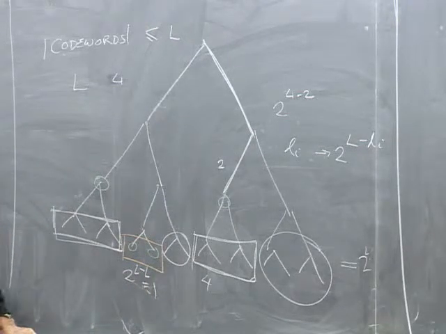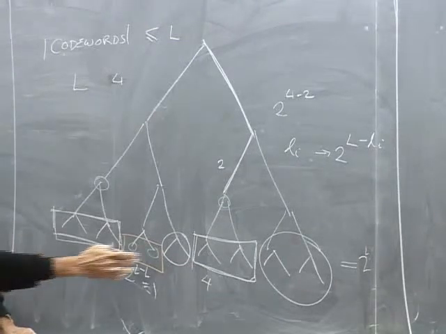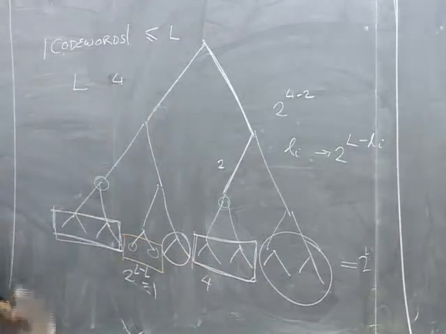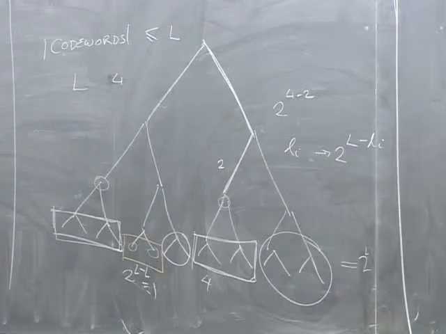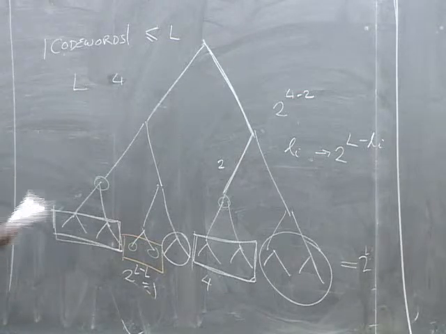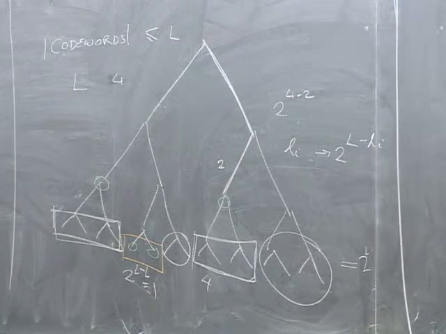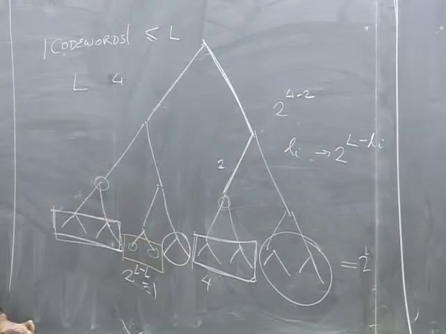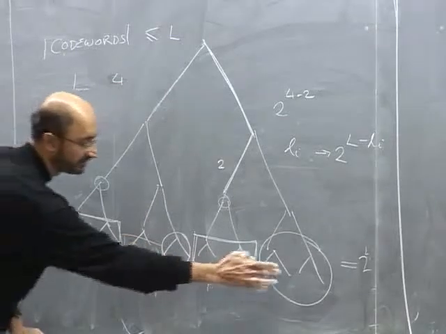And these circled ones are sort of the dummy space, not used by anybody. It's like when I was coding digit strings 0 to 9 using 4 bits. I had everything from 10 to 15 unused, so that's 6 unused spaces. Those correspond to these circles over here.